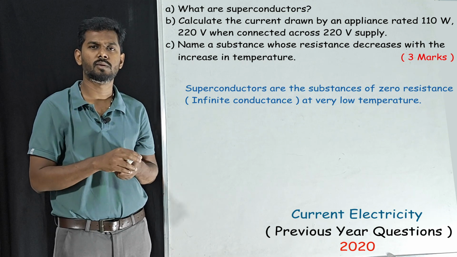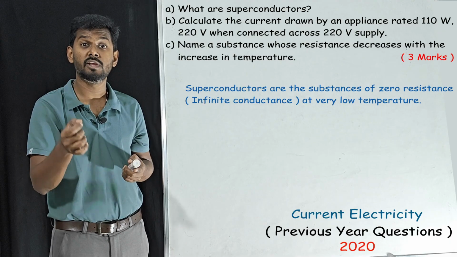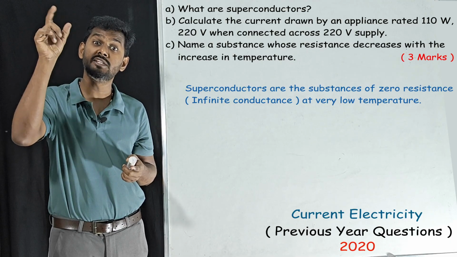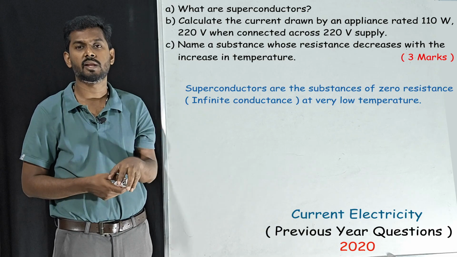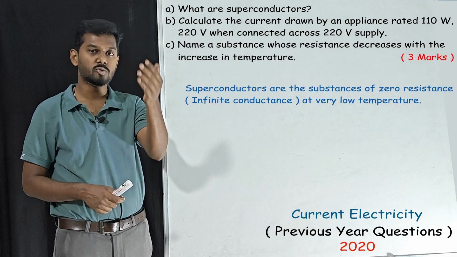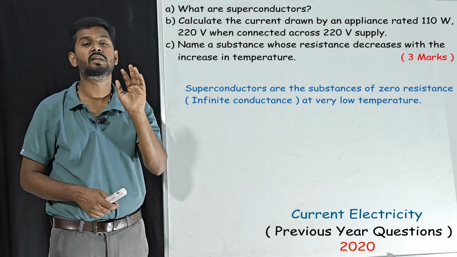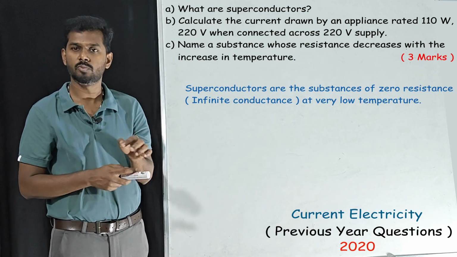Do you think it is easy? No, 4.2 Kelvin is minus 269 degrees Celsius. We have to maintain the temperature, then only mercury becomes superconductor. If it is a superconductor, then the resistance will be zero. It has high conductance. So that is an example for superconductor.